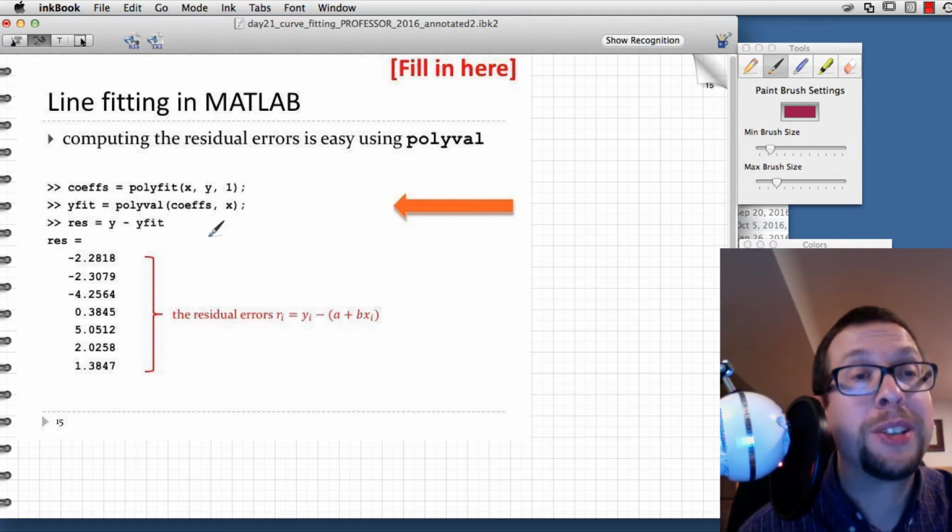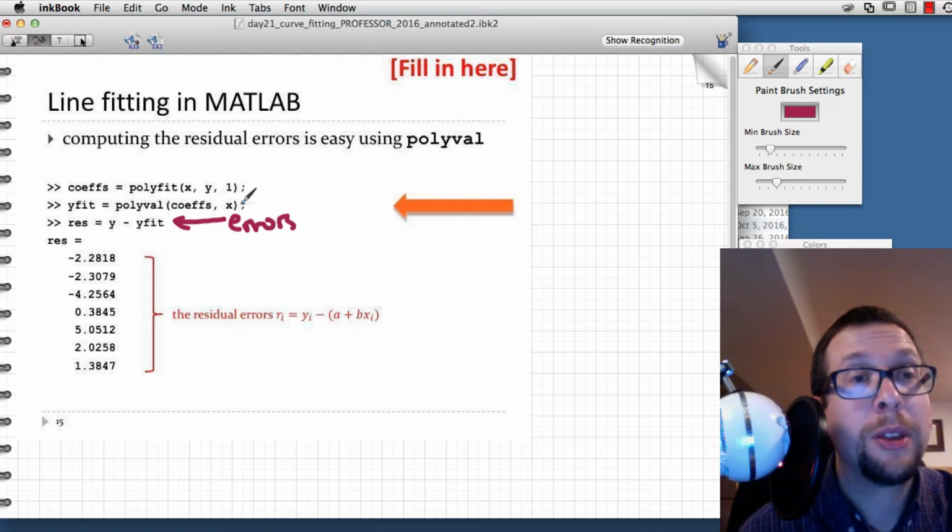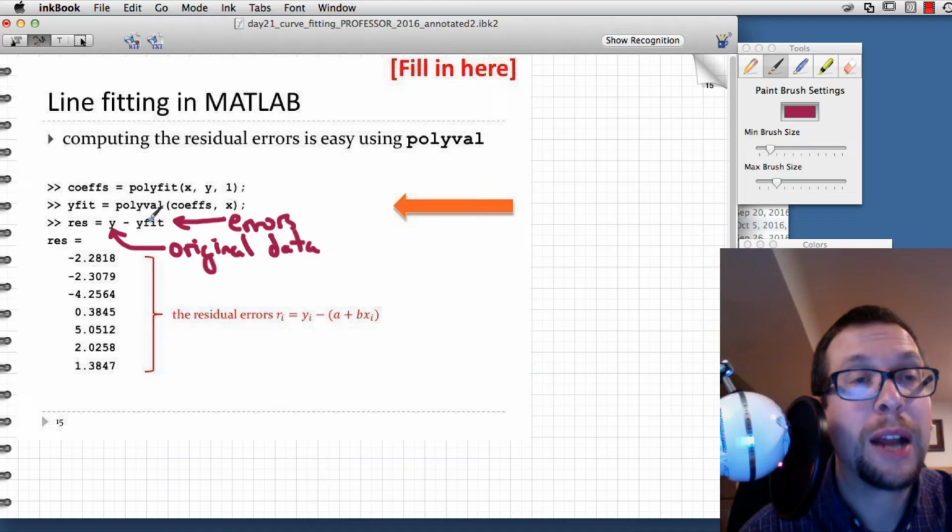Now, if we want to calculate the residual errors, we can do that. And in that case, what we do is we use the same value of x in our polynomial fit, the same value of x that we had in our data, and then we calculate the difference between our y values from the original data, and we subtract all of the y values that are from the fitted line.